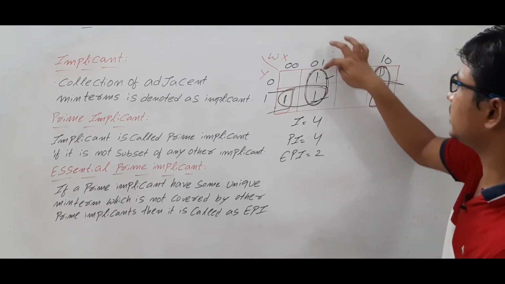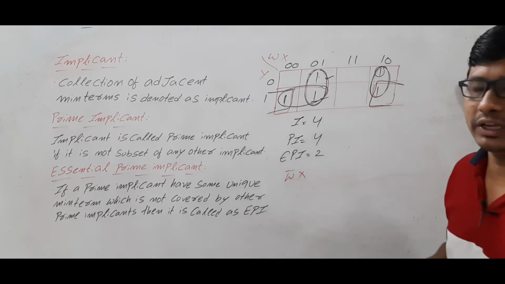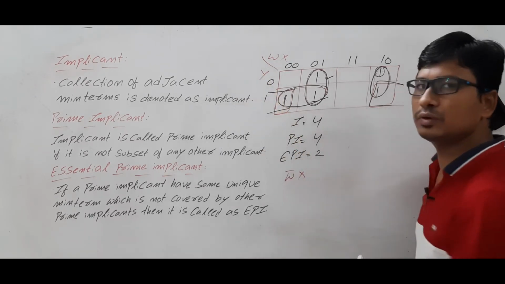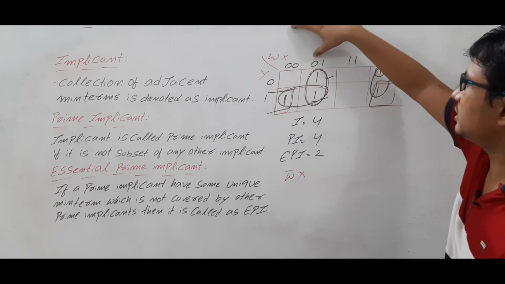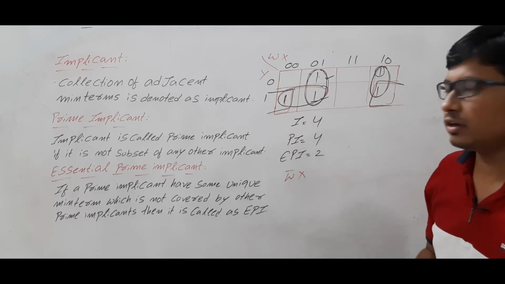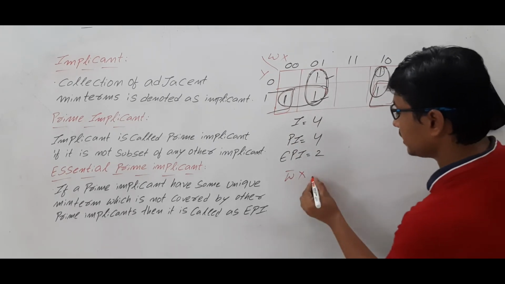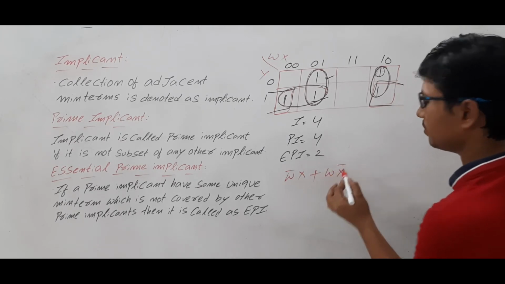This is only W complement X only. Why will Y not come? Because there is no unique here. What are the common things we have to identify? Here the common thing is W complement X because Y has 0 or 1, so Y will not come. Sorry for the mistake. Okay, and then you will have W X complement.